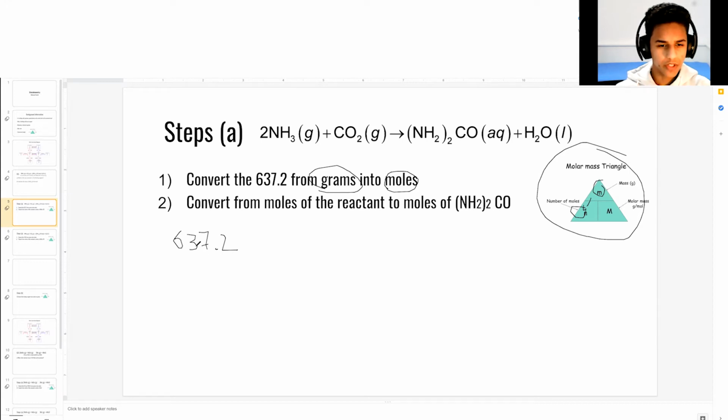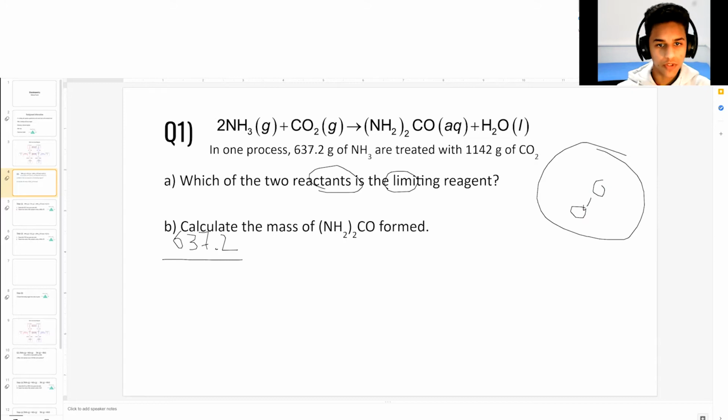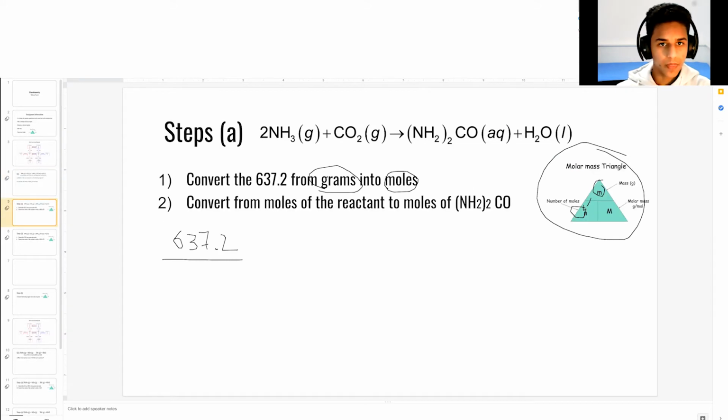That's 637.2 over the molar mass of ammonia, which is 17.03. That gives us 37.4 moles of ammonia, NH3.